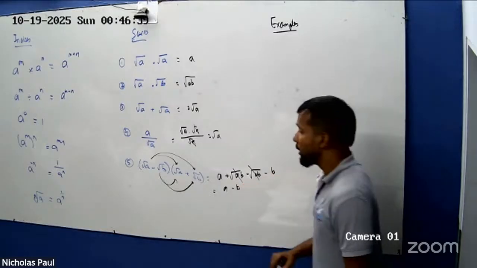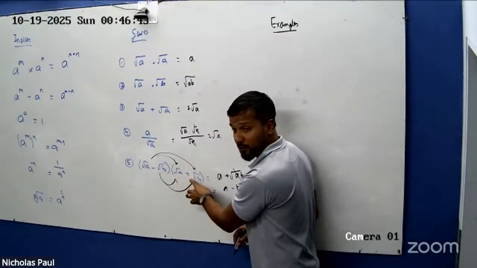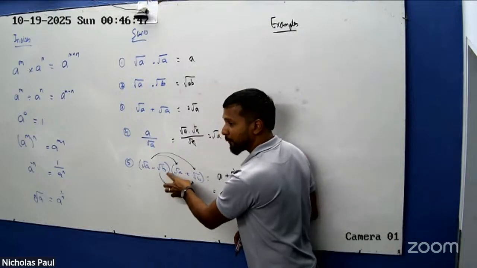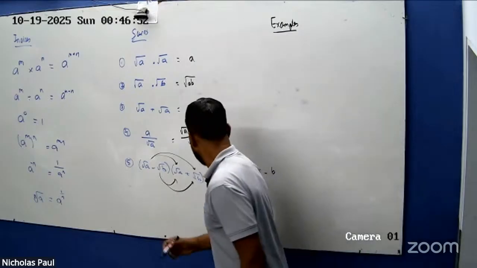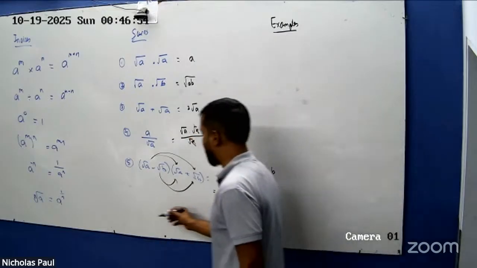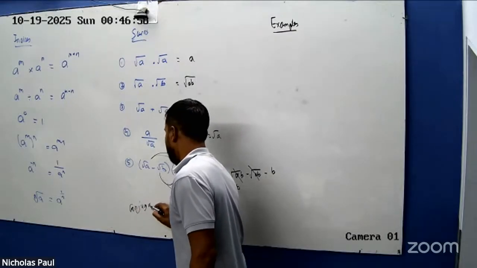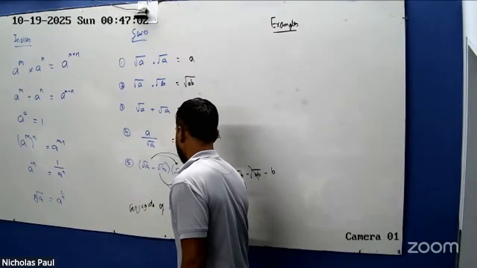What's the short way? The short way is the difference of two squares: root A squared minus root B squared. Everybody okay with that? And one last thing I wanted you to remember before we jump into this. What is the conjugate of, let's say, root A plus root B?